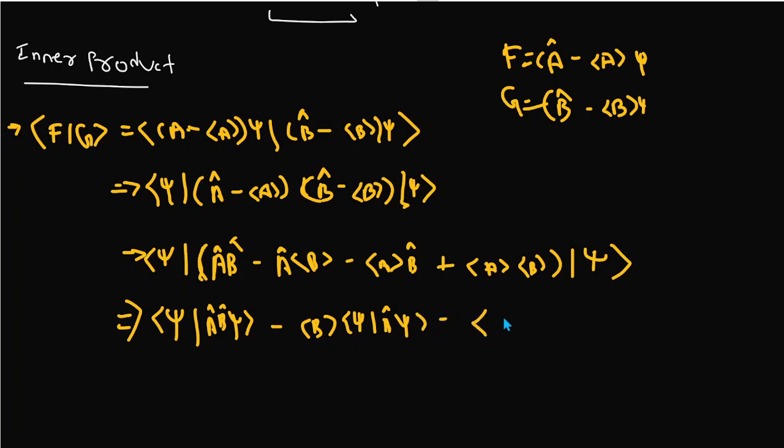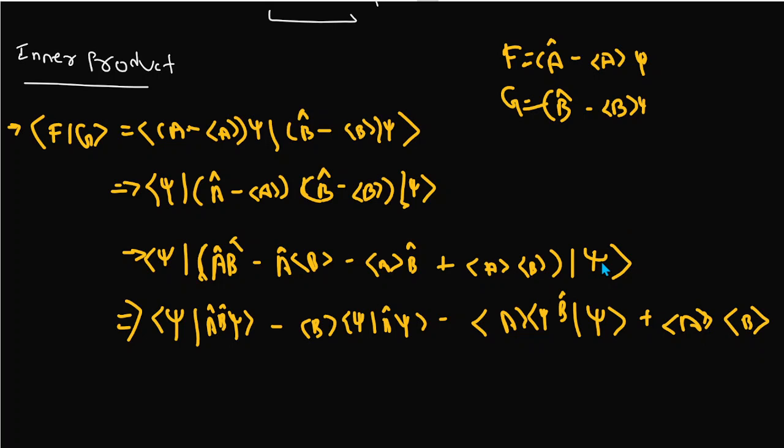Minus, then we take out the expectation value of B out of the inner product, and then psi, B cap, psi, and then positive A bracket and B bracket, psi and psi.